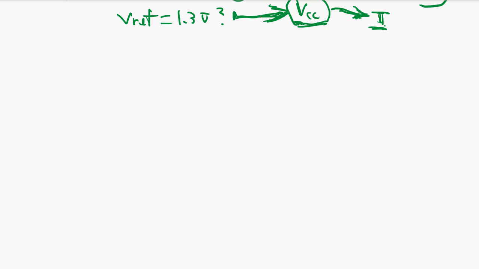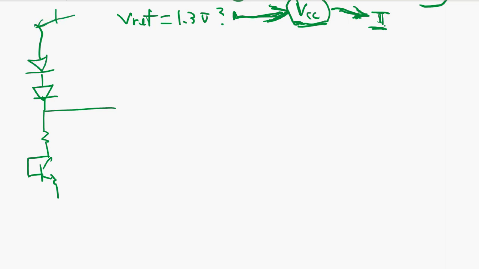For example, you can stack up diodes on top of this, and you need some kind of feedback loop.